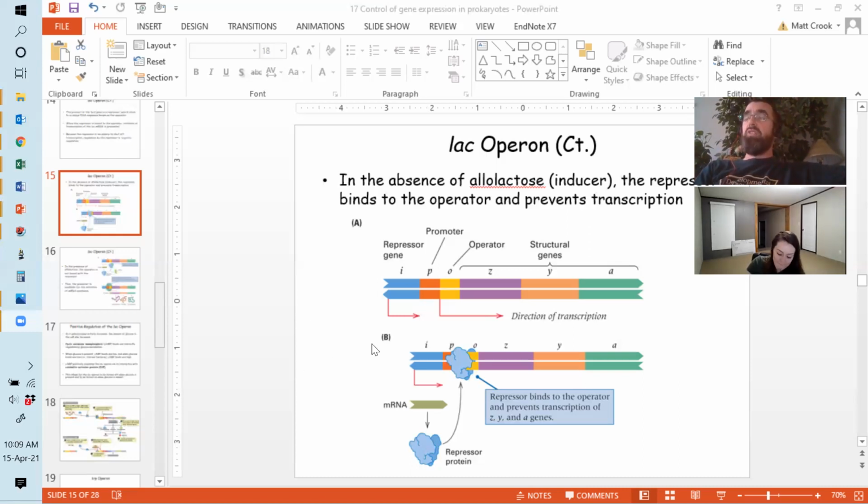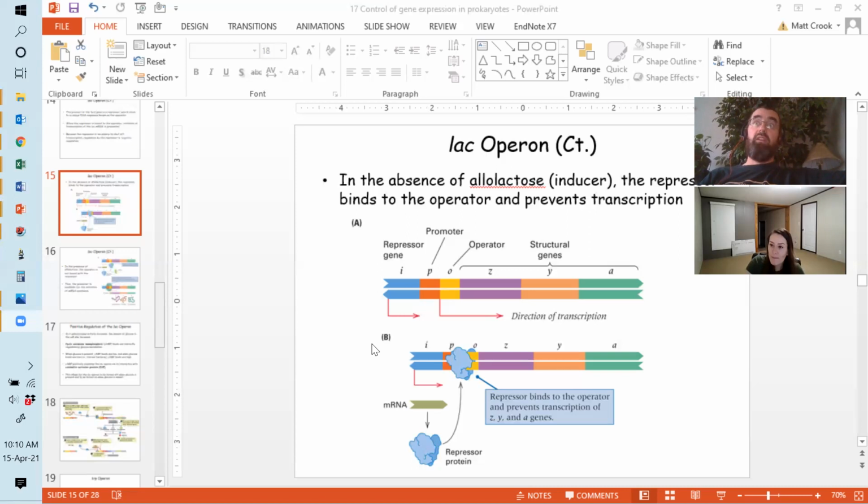Anyway, tryptophan you need all the time, because if you're in the process of translating mRNA into protein, almost certainly every so often you'll need a tryptophan amino acid, right? You need the building blocks to recharge those tRNAs so you can continue with translation. So the trp operon is always on.